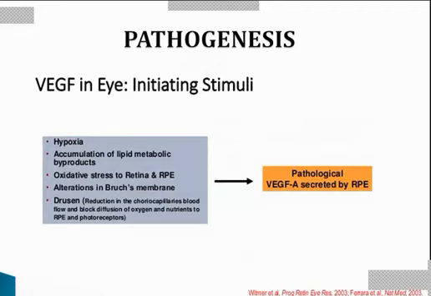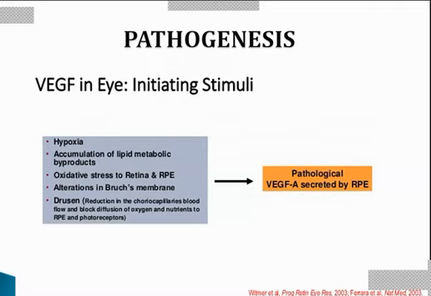And what is the pathogenesis of VEGF in the eye? As I told you already, its triggering factor is hypoxia. There will be accumulation of lipid metabolic byproducts, oxidative stress to the retina and retinal pigment epithelium, alterations in Bruch's membrane, and in age-related macular degeneration, there will be drusen.